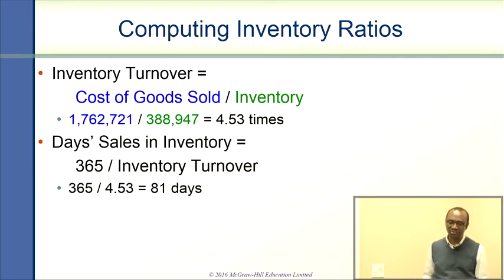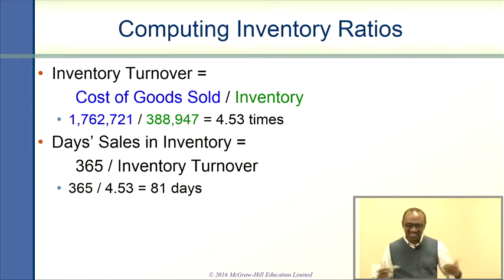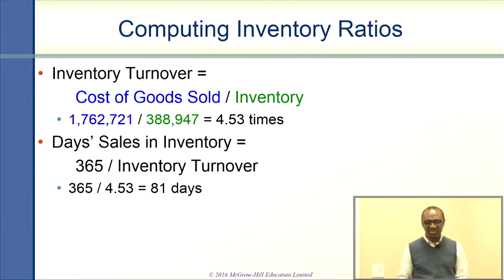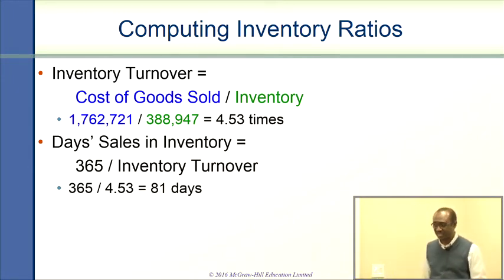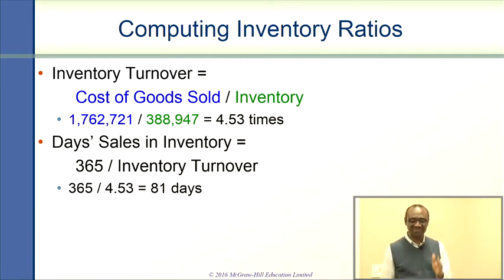before being sold. Now, if it stays longer, so we have more than 2 months a product stays in our warehouse before it's sold, what are the problems? Well, it shows that we have a slow-moving item. What's the implication of that?